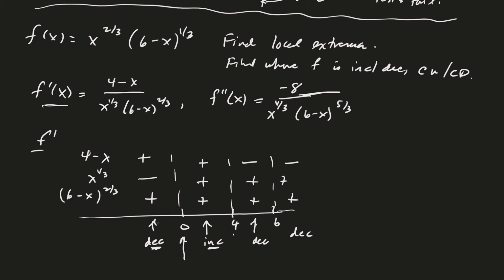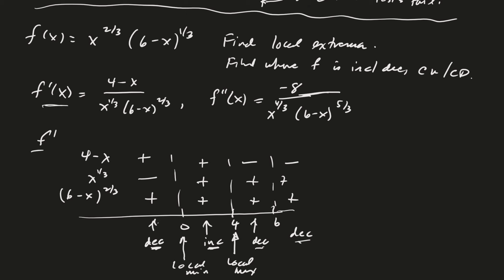And so that's going to be local min. And then we also have x equals 4 is a critical point. And so that's going to be a local max because we're going from increasing to decreasing. Anything happen at 6? We're going from decreasing to decreasing. Nothing's happening at 6. We're just decreasing, so neither.